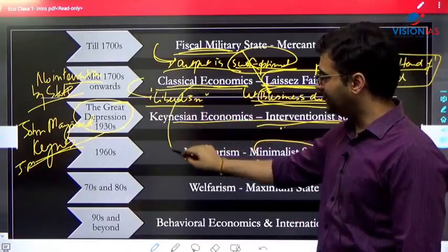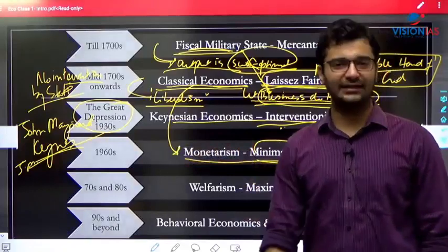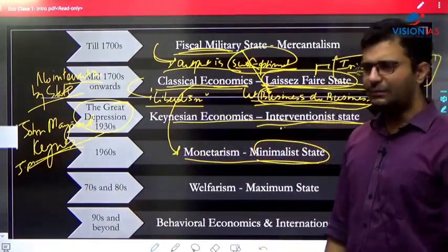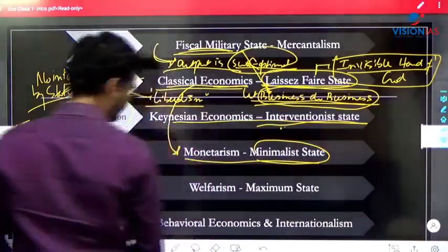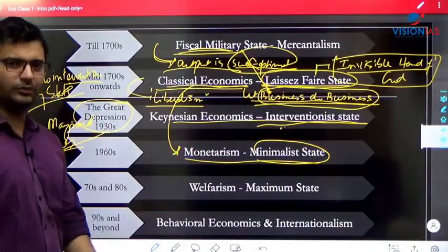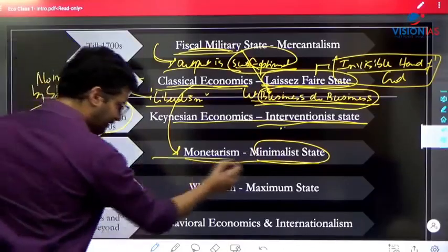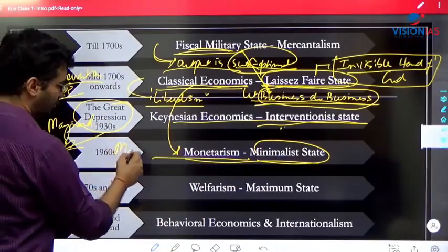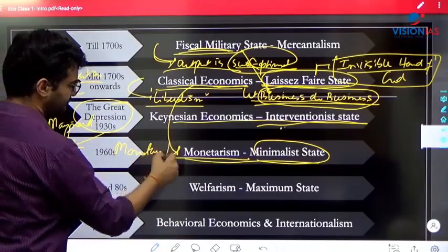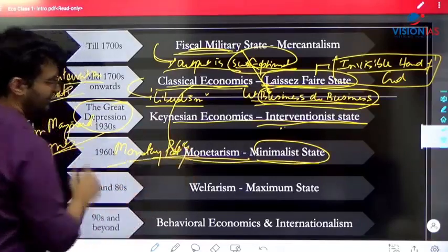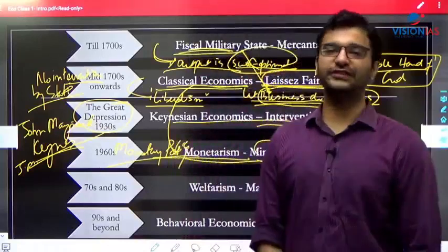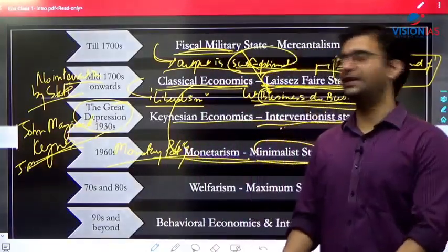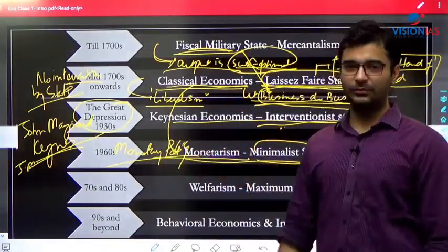I'll not talk about it in detail as of now, because monetarism is entirely a chapter on monetary policy. The role of monetary policy, the role of the central bank. What should be the role of the central bank? This is what monetarism talks about.